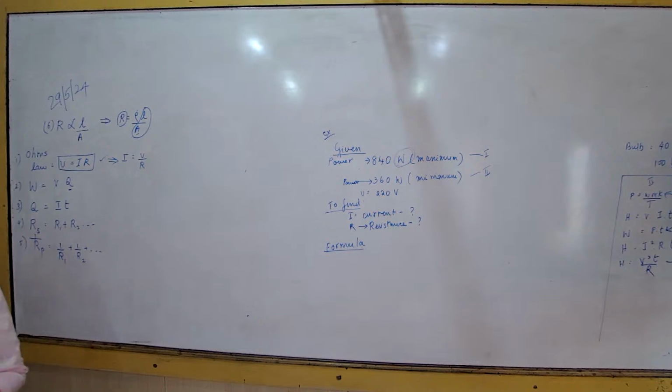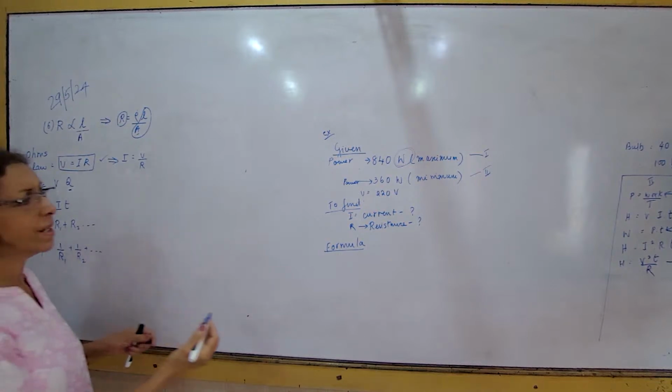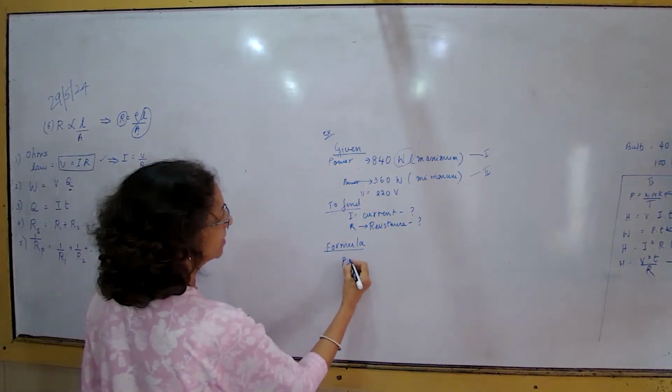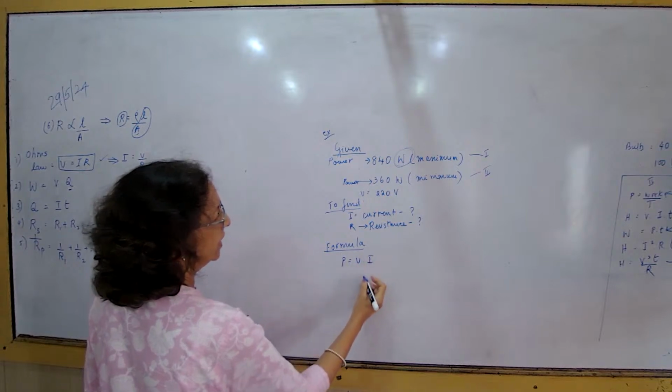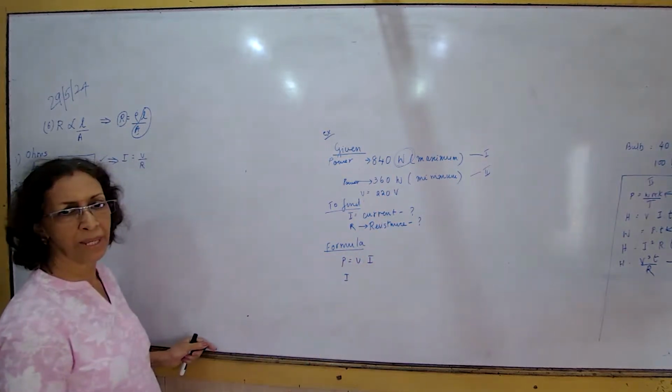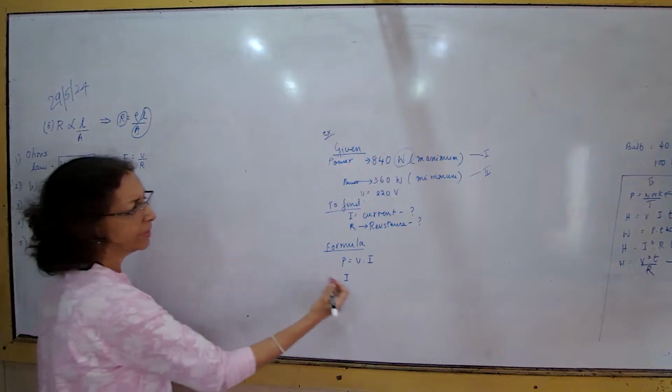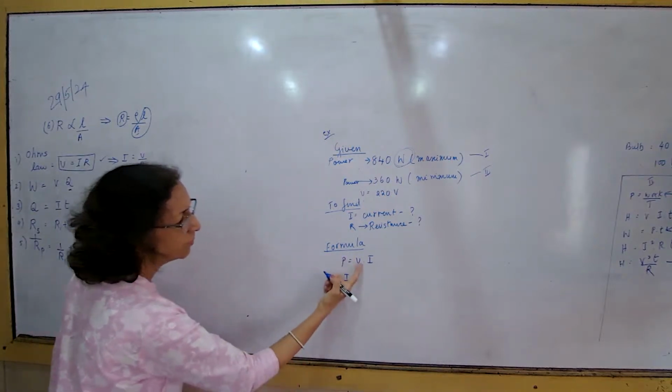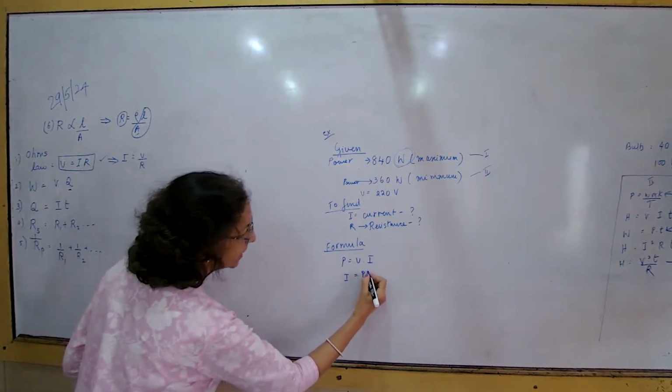P is equal to V into I. So the first formula we are going to use is P is equal to V into I. If I have to find out I, I'm going to rearrange this. So I is equal to P upon V.